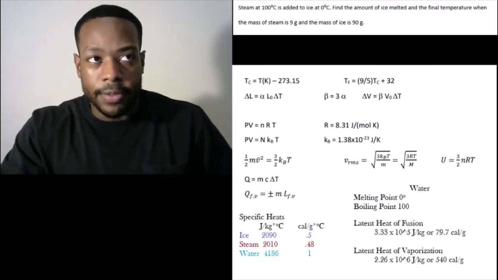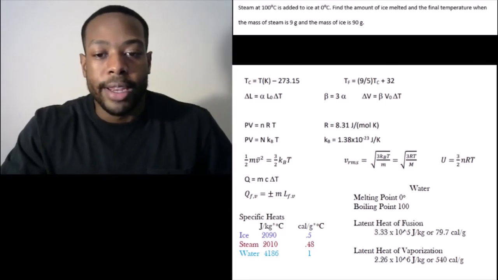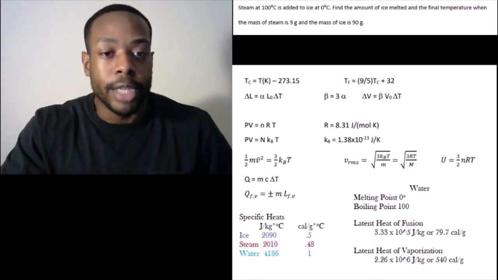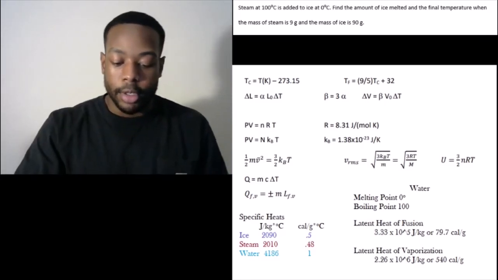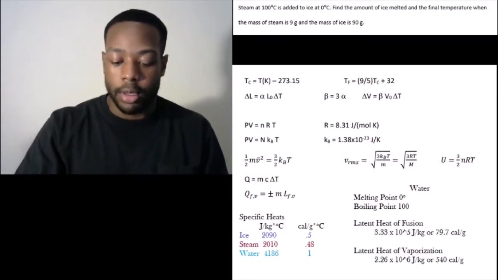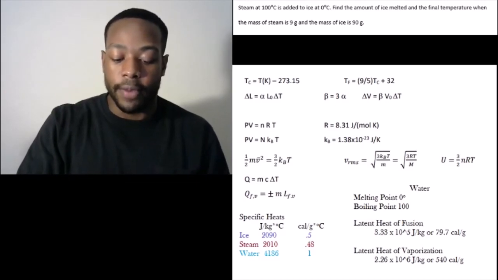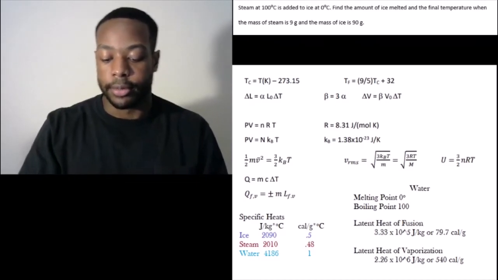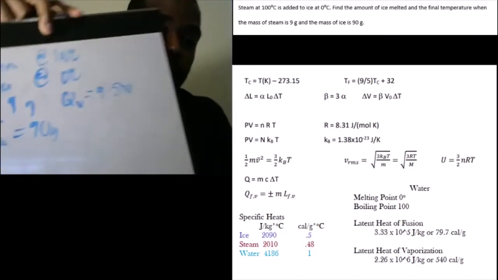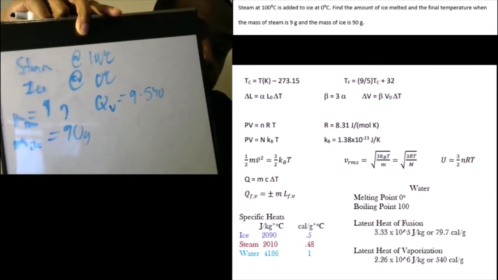So mass of steam is 9 grams. Latent heat of vaporization is 540 calories per gram. So we could do 9 times 540 equals the amount of energy that steam is going to give off when it condenses.